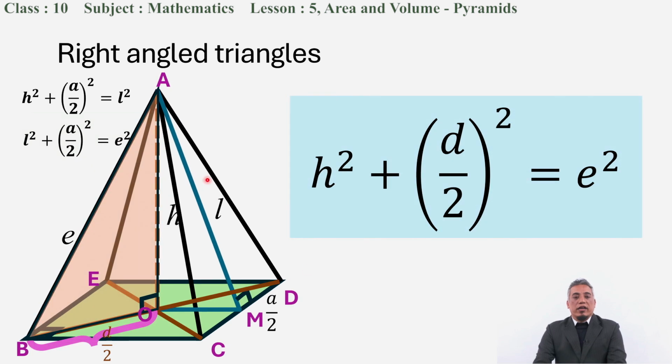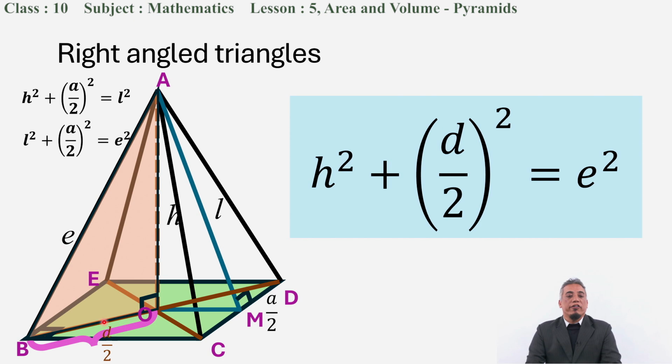And next right angle triangle is ABO. It has three sides. First we take this E. This is hypotenuse because it is opposite to 90 degree, and H is perpendicular, and base BO is D by 2. It is half of the diagonal.